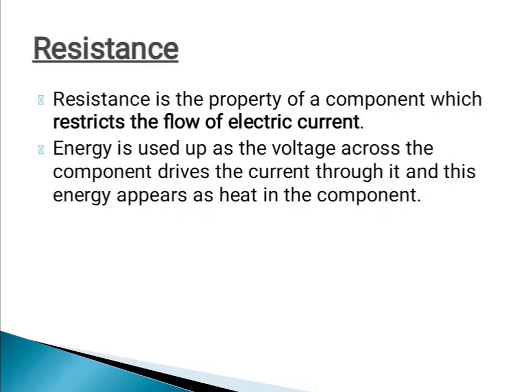Especially in the case of a conductor, resistance is the property of that particular conductor which opposes or limits the flow of the current. The energy used as the voltage across the component or conductor drives the current through it, and this energy appears as heat in the case of a resistor.